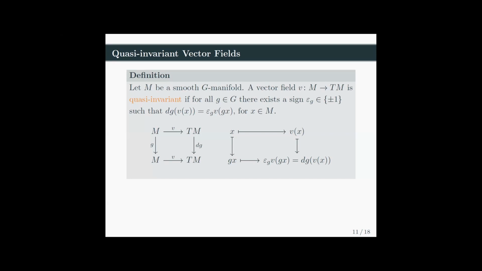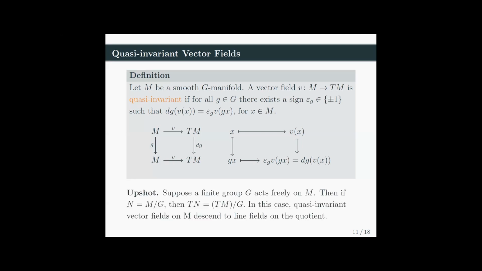Or we can take a point on the manifold, apply the vector field to get some tangent vector, and then apply the differential of the group action to get some different tangent vector. So I'm saying this vector field is quasi-invariant if the tangent vectors you get at the end are either pointing in the same direction, they're the same vector, or they could be pointing in opposite directions.